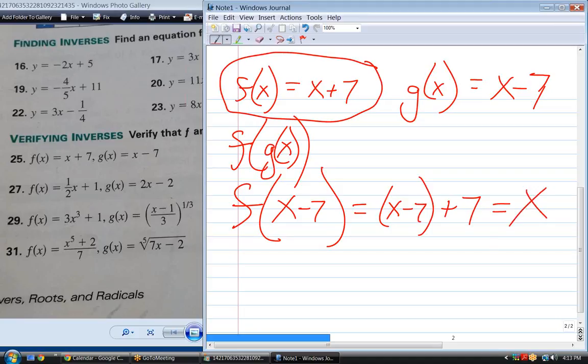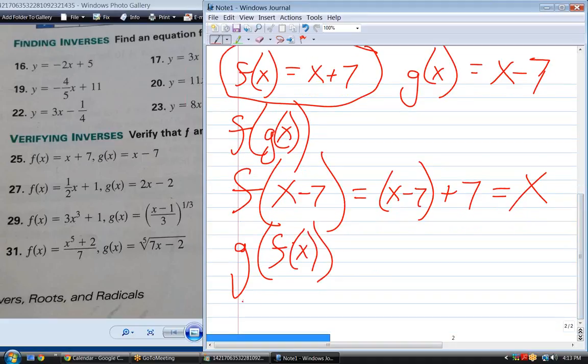So it passes that test. Now let's do the second test. I've never seen one of these pass one test and fail the other, but let's do it. What is g of f of x equal to? G of what? X plus 7. And how do I solve that?